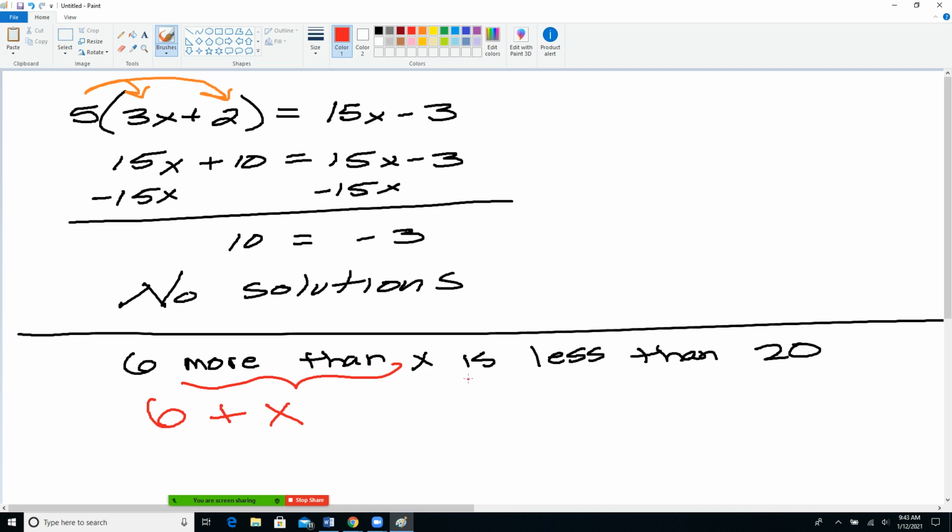So 6 plus x, and then we have is less than 20. 6 plus x is less than 20.